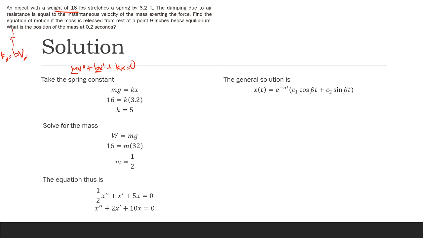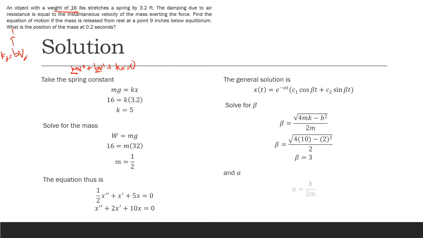So remember, it was also given that beta is equal to the square root of 4mk minus b squared over 2m. So we can substitute already and solve for beta. So 4 times ang m natin is 1, k natin is 10, minus b natin is 2 squared, over 2. So we have beta is equal to 3.